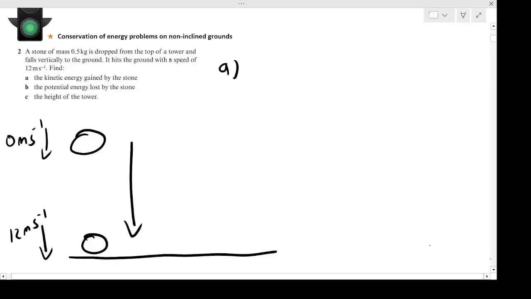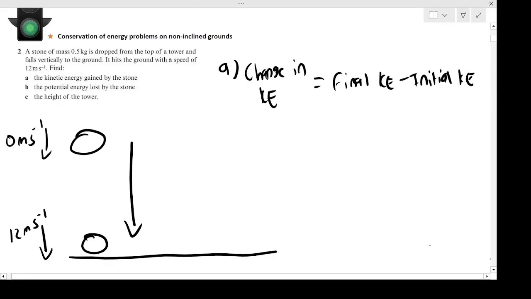So that's hinting about changing the kinetic energy. And we looked at this last time, and we know the change is the final kinetic energy take away the initial. That gives me my change from start to finish. So we know the final speed is 12, so if we work out that kinetic energy, it's going to be half mv squared, or half times the mass, which is 0.5, times the speed of 12, all squared.